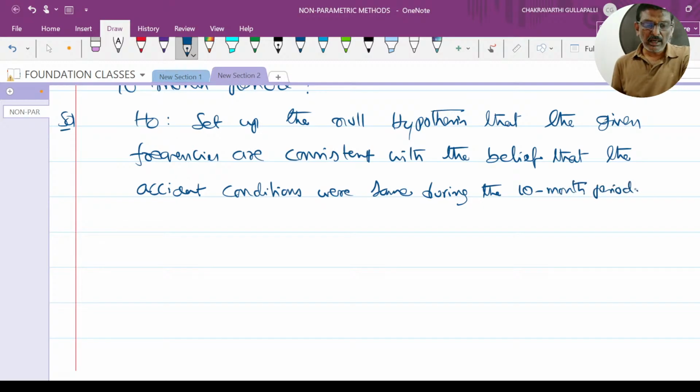So the accident frequency is the same here. Based on the hypothesis, you have to calculate expected frequencies.